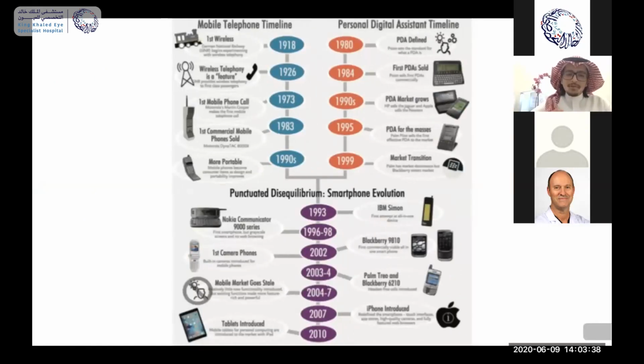Just before starting, an overview about mobile technology. In the early 1900s up until the 1970s and 1980s, people were using their phones for communication only. Then we had another line of digital devices called PDAs, or personal digital assistants.